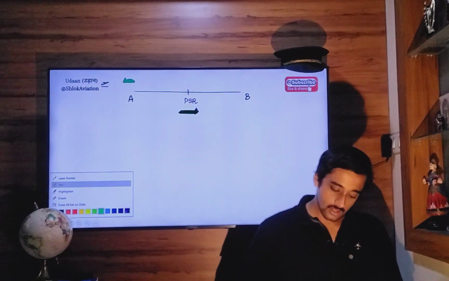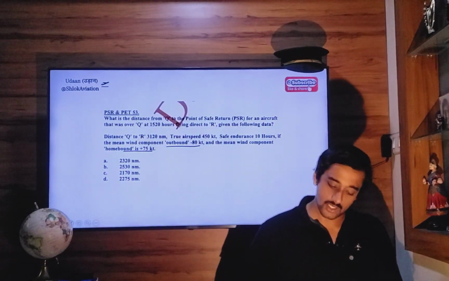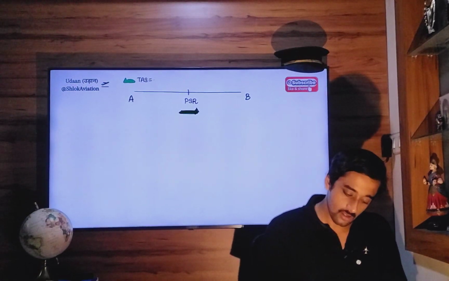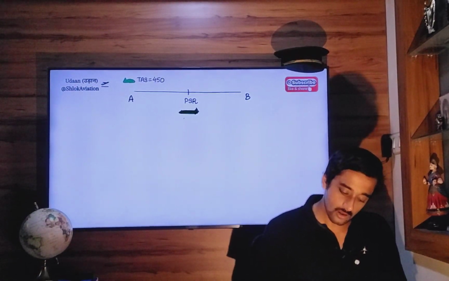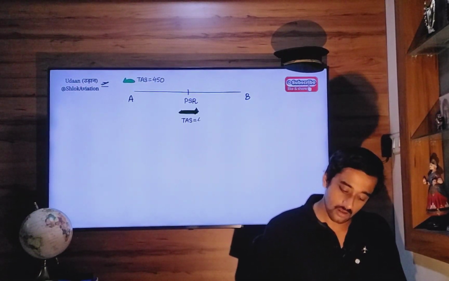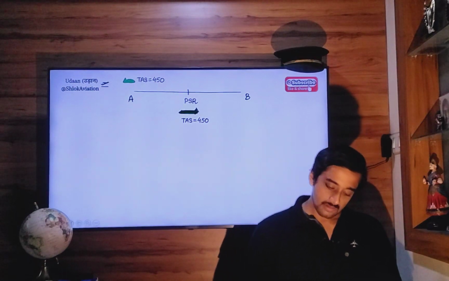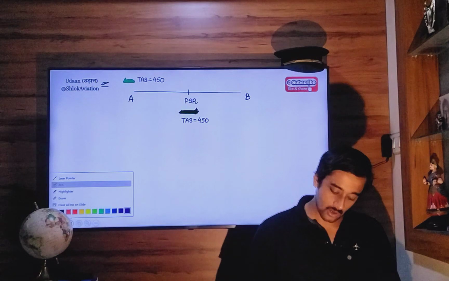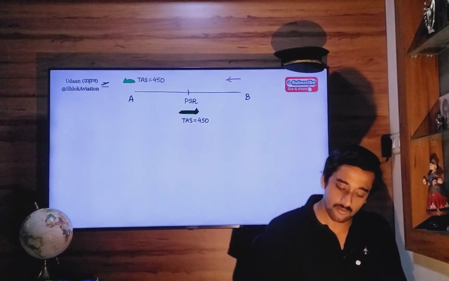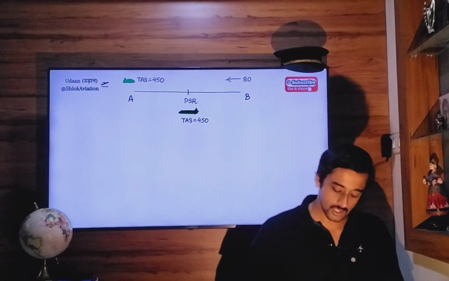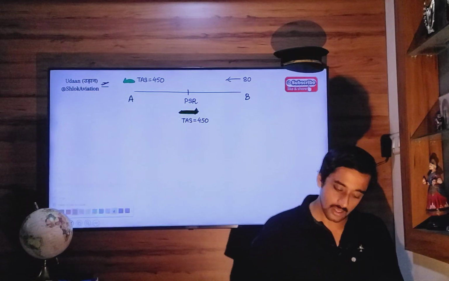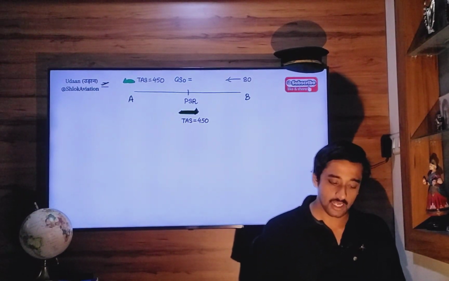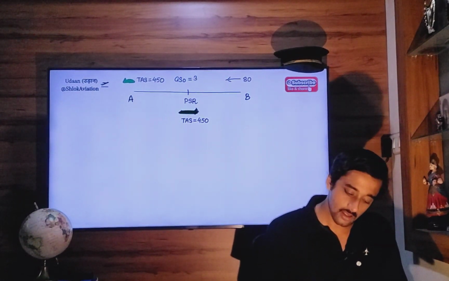So the true airspeed of your aircraft is 450. Now, flying outbound, you're getting a headwind of 80 knots. So the outbound ground speed will be 450 minus 80, 370.